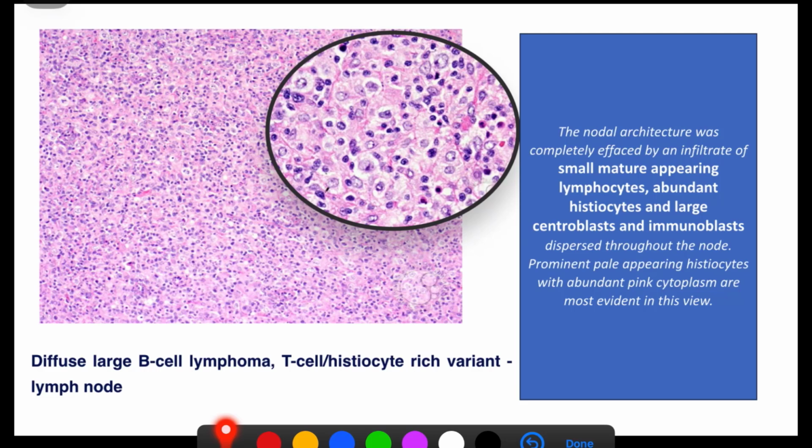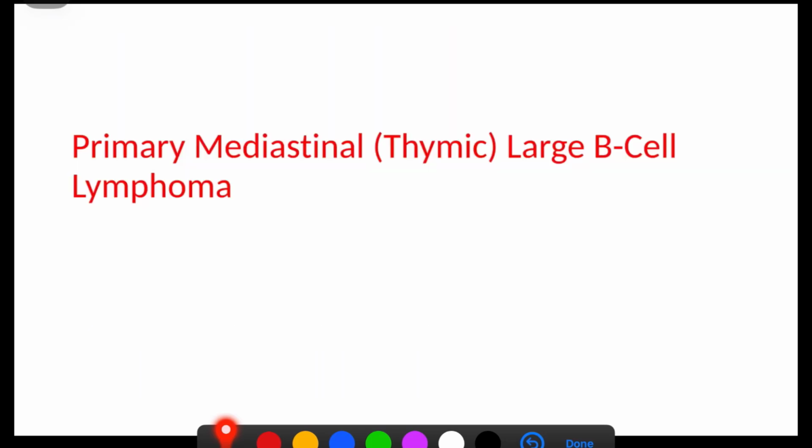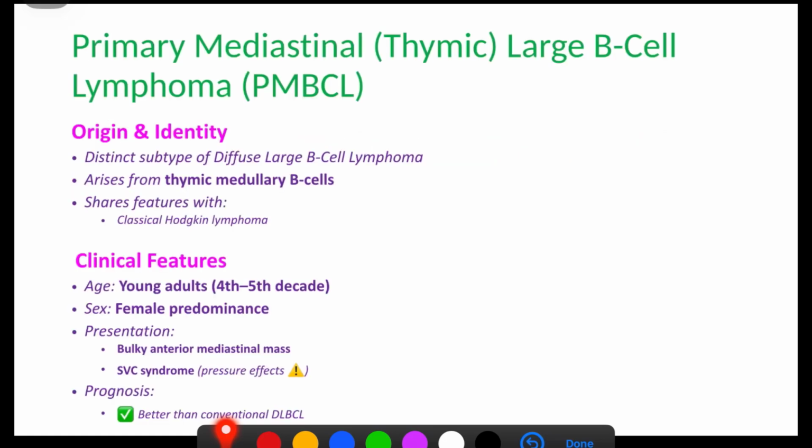Now let's see primary mediastinal or thymic large B cell lymphoma. This is a distinct subtype of DLBCL arising from thymic medullary B cells.